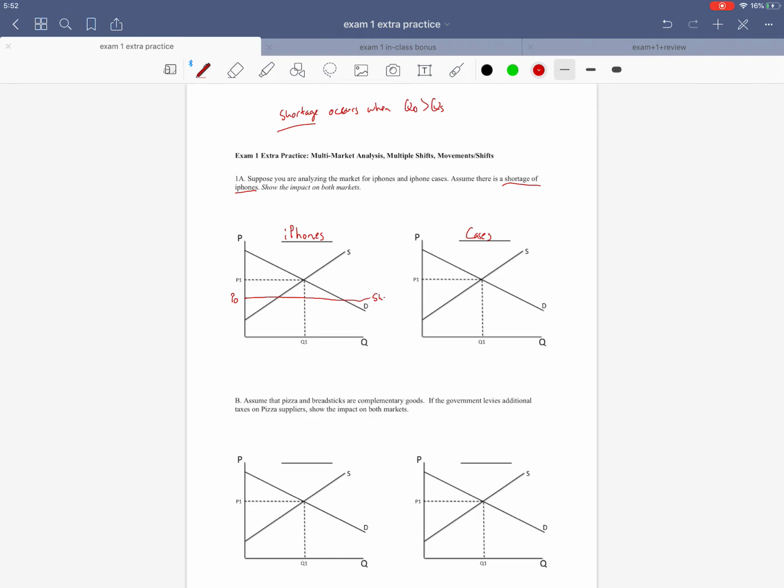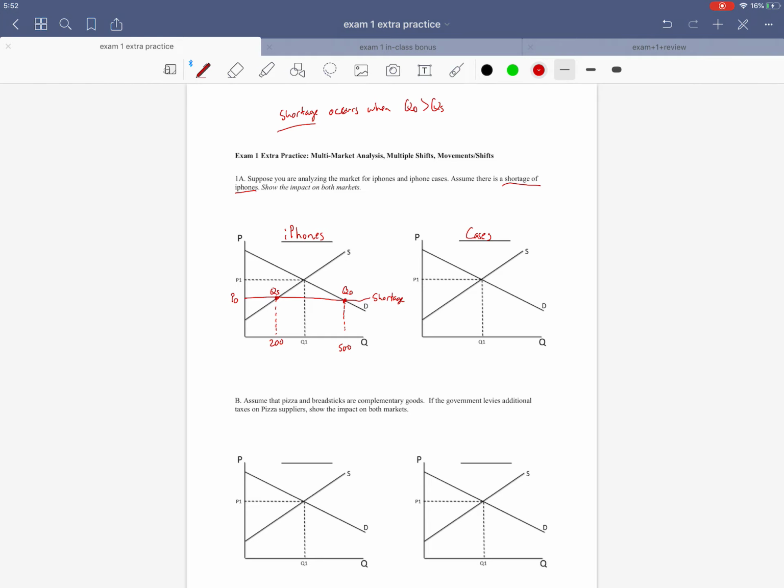That's going to show a shortage, because once again, we see that quantity demanded, let's throw an arbitrary number, let's say 500, is greater than our quantity supplied, which would be represented right here. So we have a shortage. Alright, so that's our first half of this graph.